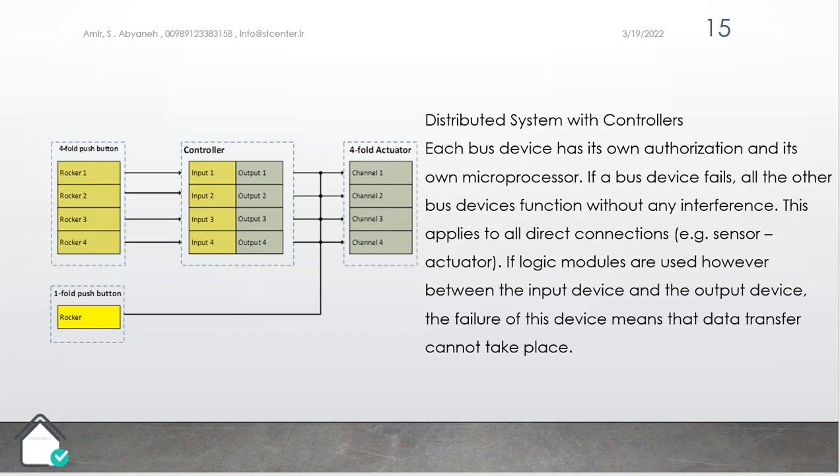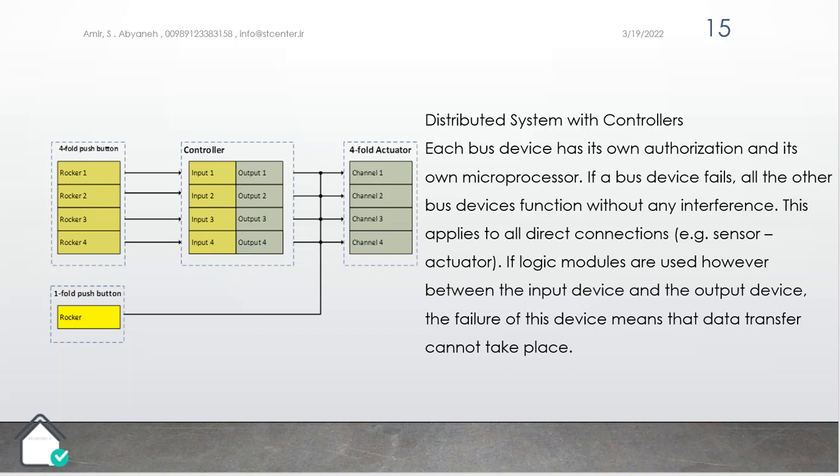If some failure happens to the touch panel, you can at least provide some central control by that push button. It means we have a backup of the touch panel. And this is a distributed system with controllers.